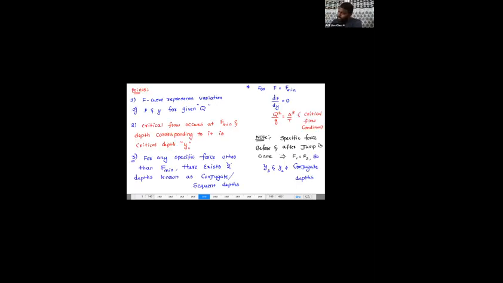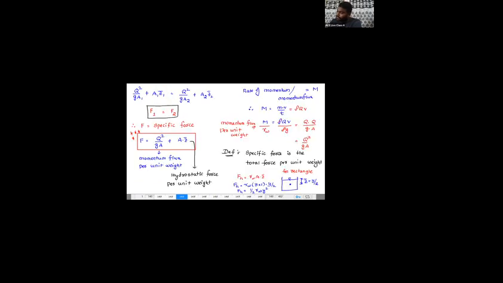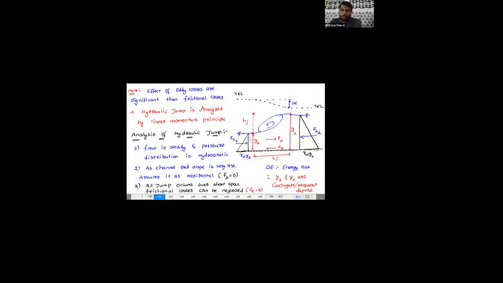See, if you don't reduce the energy, this flow over here is a supercritical flow. Yes or no? Supercritical flow means a shooting flow, and due to that shooting flow, the downstream bed will get collapsed.